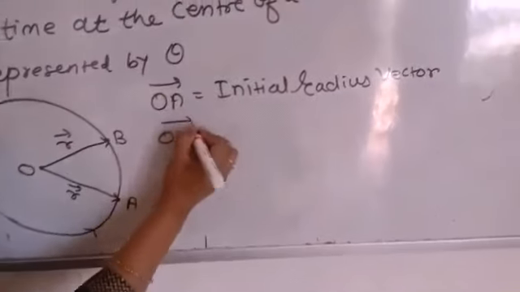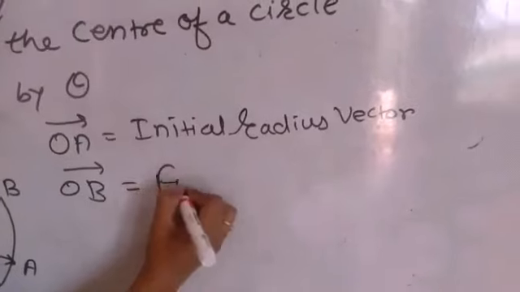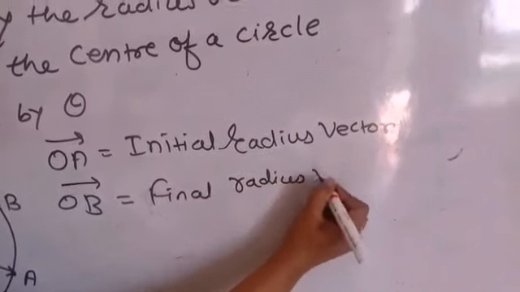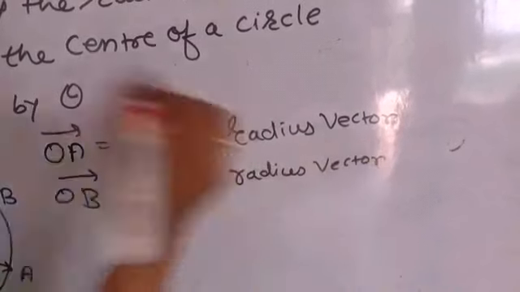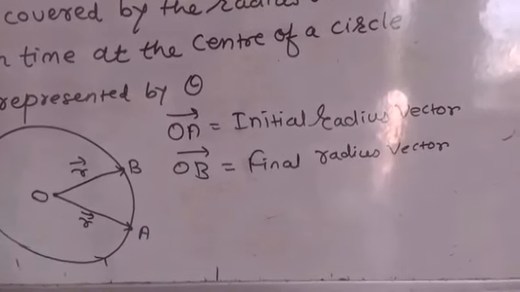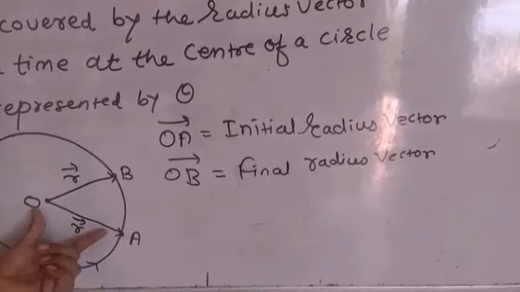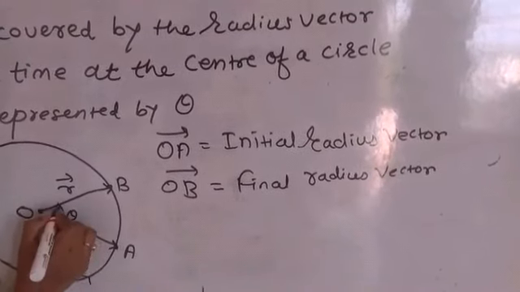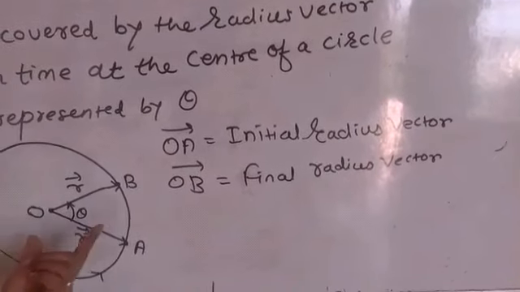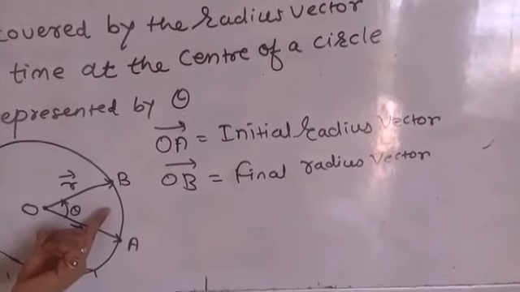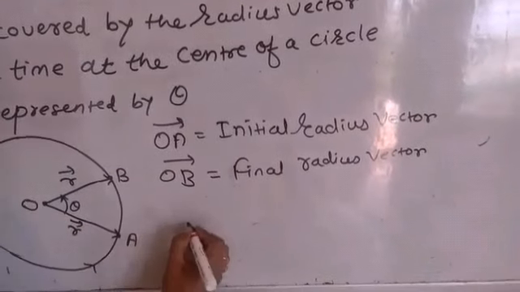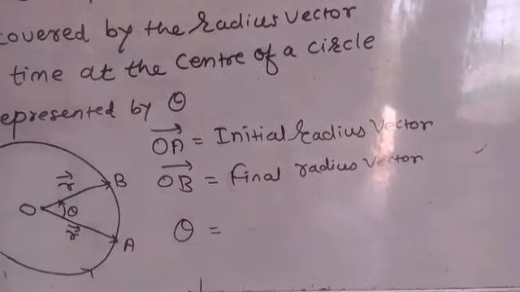Vector OB is the final radius vector, and the angle covered by the radius vector here, that is this theta, is called as the angular displacement.